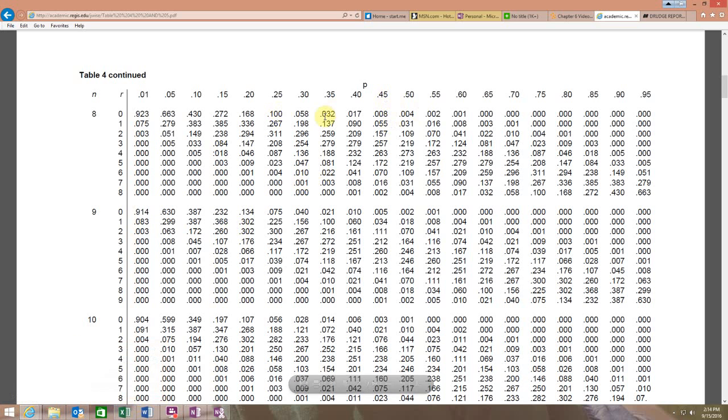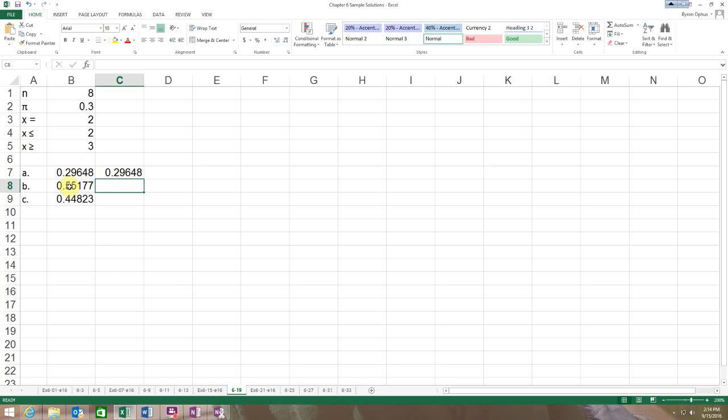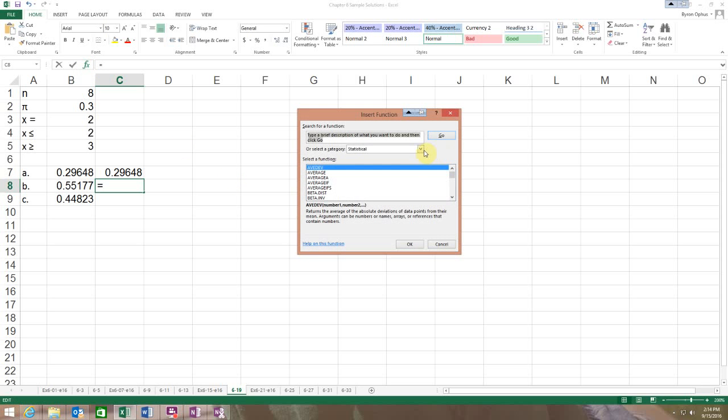I could also put this into Excel and add them up easily that way. I got 0.55, so my math in my head was relatively close, but this is where that cumulative option comes in as well.